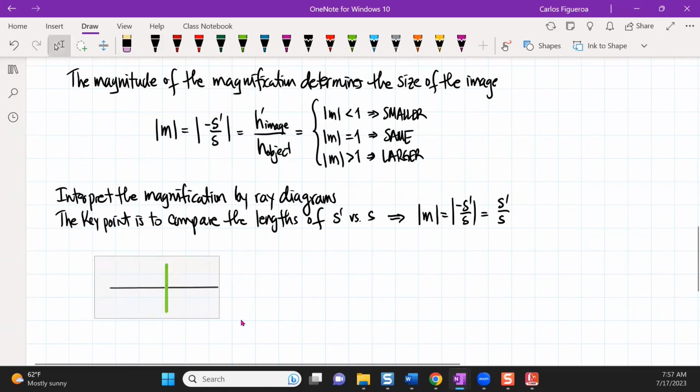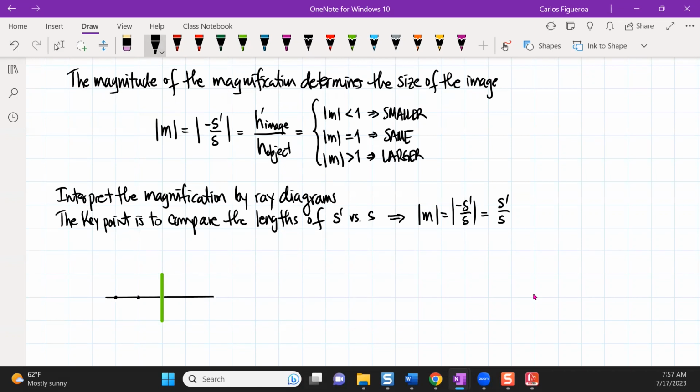So let's look at just a converging lens. I could do this for a diverging lens, by the way, very easily. What I'm going to do here is pick my focal points and my two F points. For the sake of simplicity, I'm going to call this positive. I think I'm going to have to make this a little bit longer because I'm going to run into trouble. So I'm going to come up here, and I think I'm just going to keep it like this.